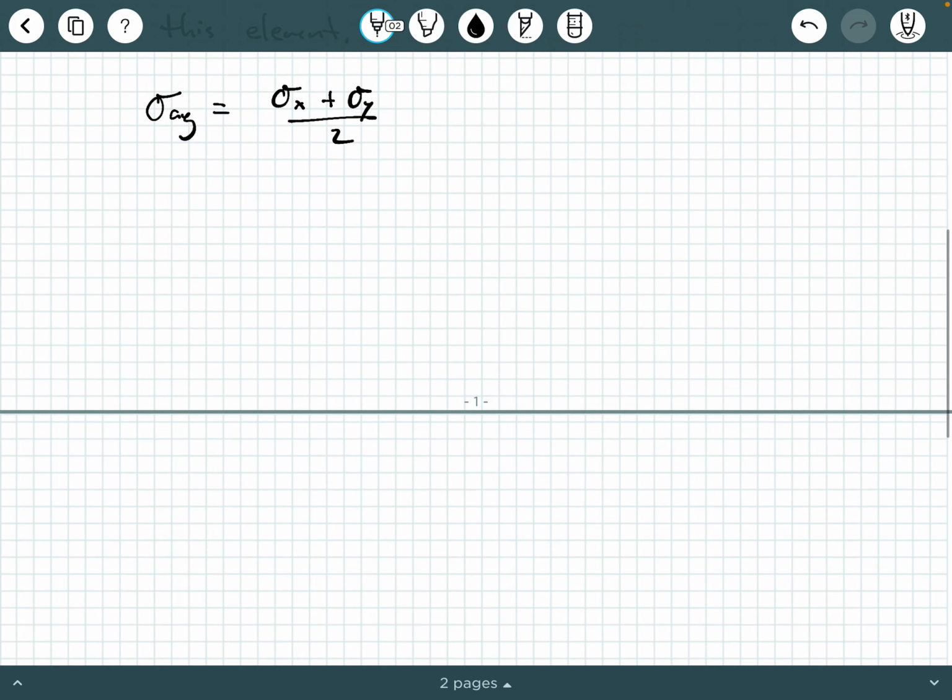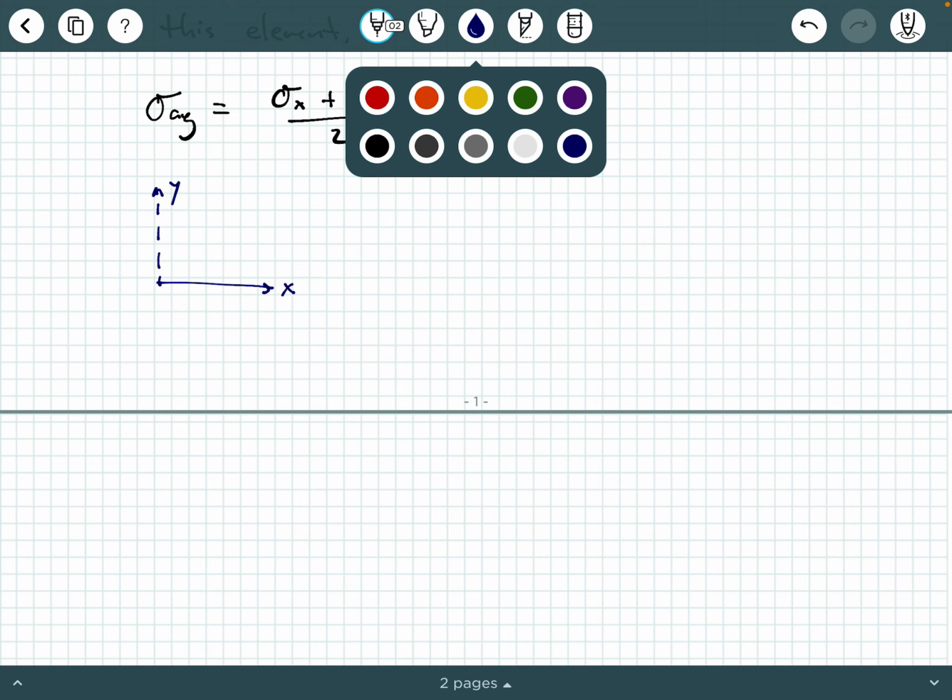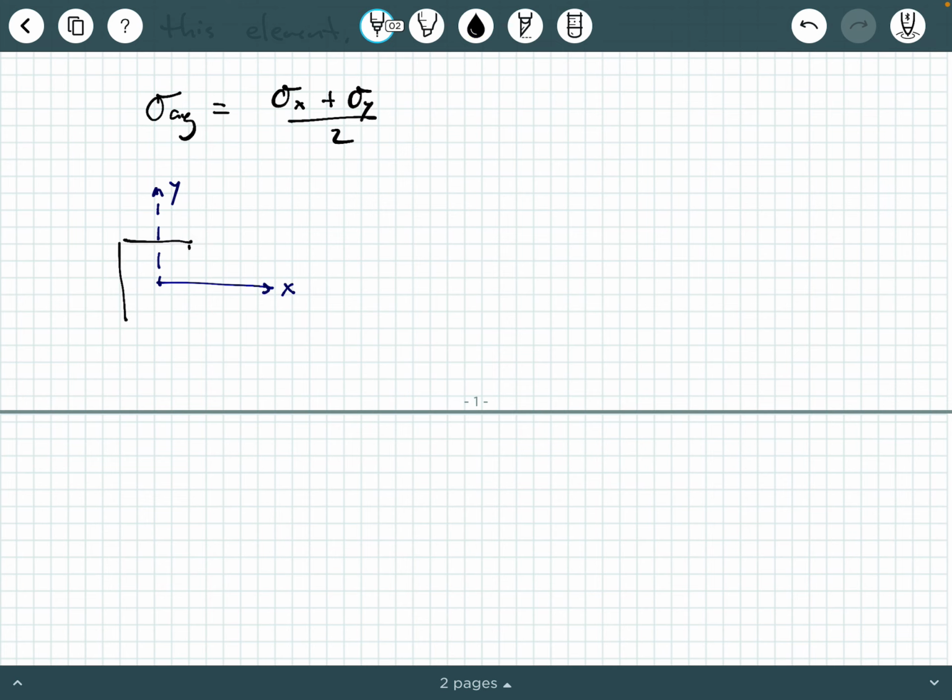So again, graphically, what are we doing here? Well, let's draw some global x and y coordinates. We have a stress element, very similar to what we've seen a few times now in the other videos, where we have a sigma y, we have a sigma x, and then we have a tau xy here, and this is going to be transformed into an equivalent system.